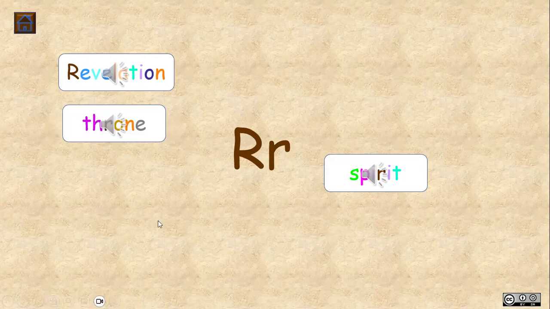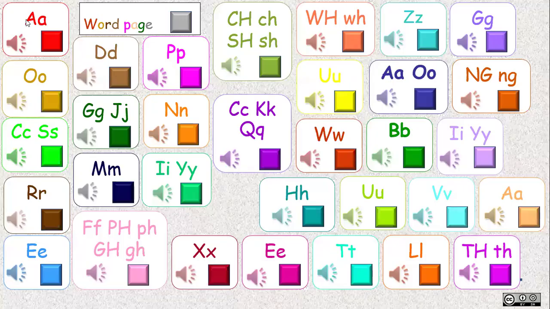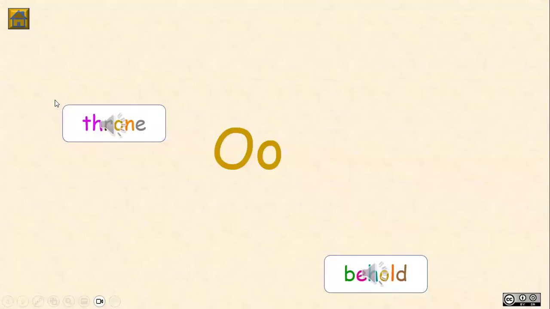The next sound in throne is O. We'll find O on the home page. This is gold brick. O. And we go to that gold page and we find throne.